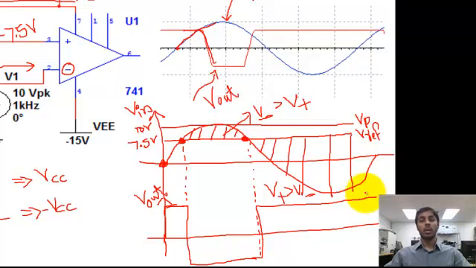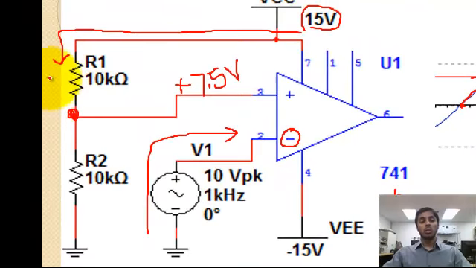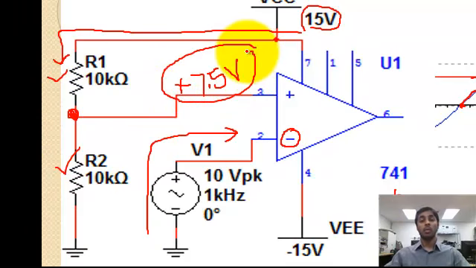So that is a non-zero level detection with a voltage divider network. We can change the values of resistances to compare this input signal with any other voltage other than 7.5 volts. Depending upon what values of resistances, the reference voltage is going to be changed.